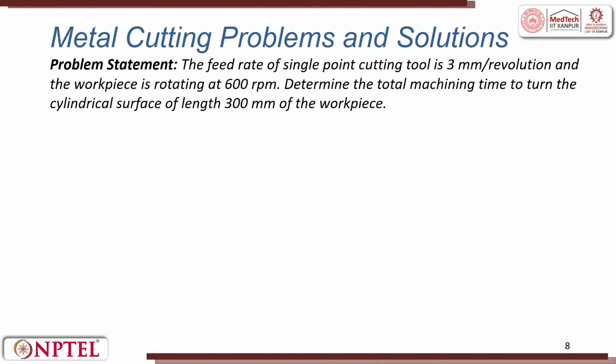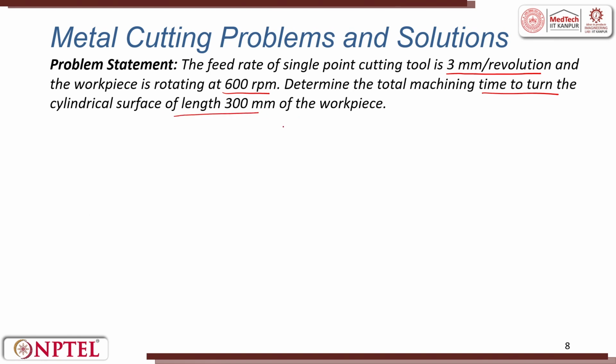Let me now come to a problem statement, a very simple problem statement, where the feed rate of a single point cutting tool is 3 millimeters per revolution and the workpiece is rotating at 600 RPM. Determine the total machining time to turn the cylindrical surface of length 300 millimeters of the workpiece.